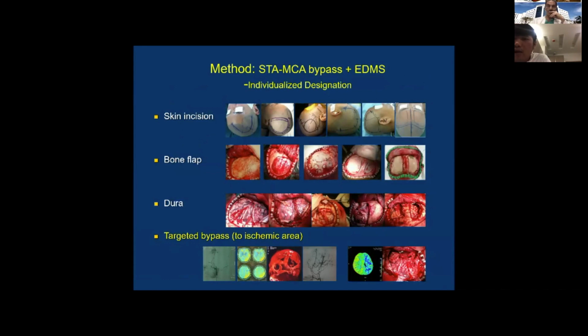The STA MCA bypass combined with EDMS was all individualized, designed according to the ischemic condition of the patients. The skin incision, the bone flap, the dura, and the bypass location were all selected according to the preoperative DSA examination.